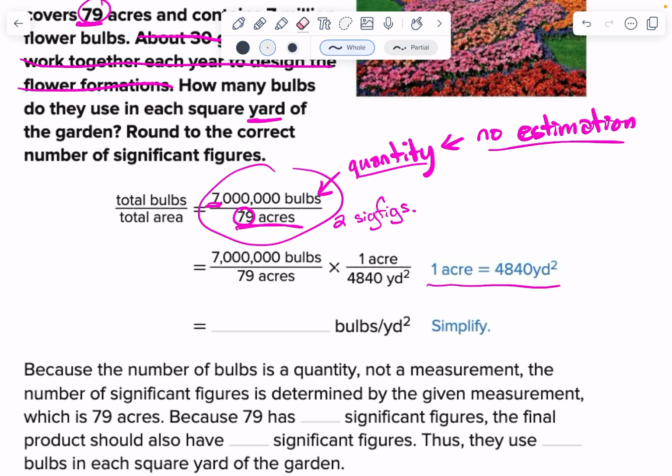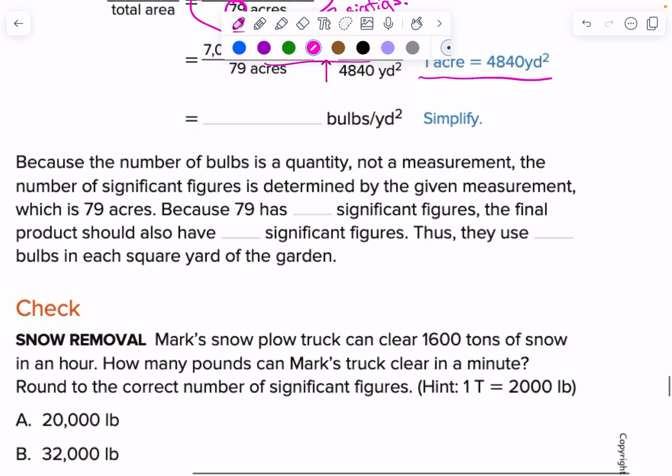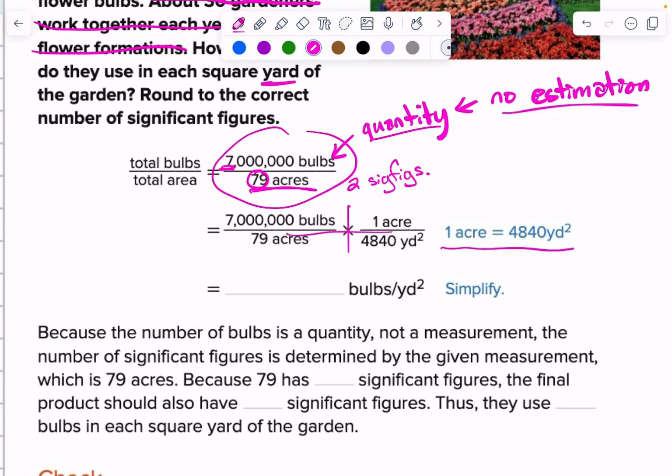And we have our little railroad track setup going on here, and we end up doing that calculation. 7 million divided by the rest gives a final answer of 18.3074. But we are only allowed to carry 2 sig figs because of my 79 acres, so it's going to round to 18 bulbs per square yard.